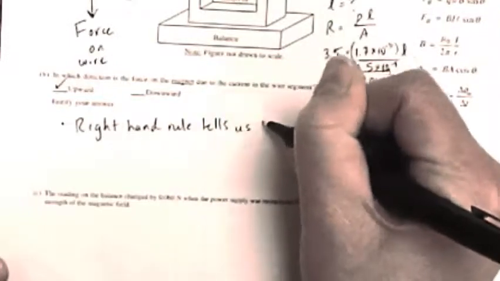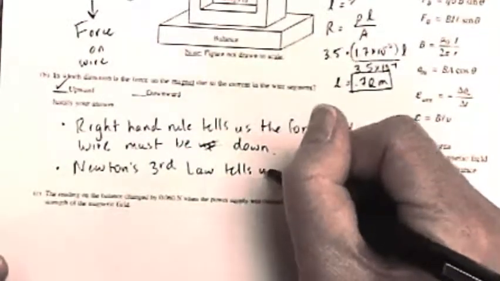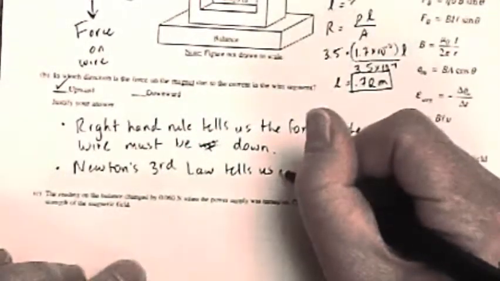First, the right-hand rule tells us the force on the wire must be down. Newton's third law tells us the force on the magnet must be equal and opposite.